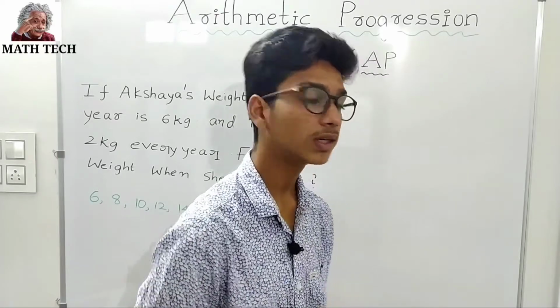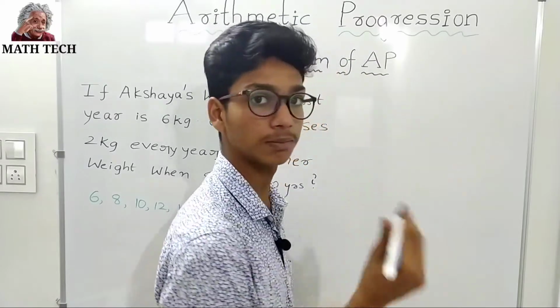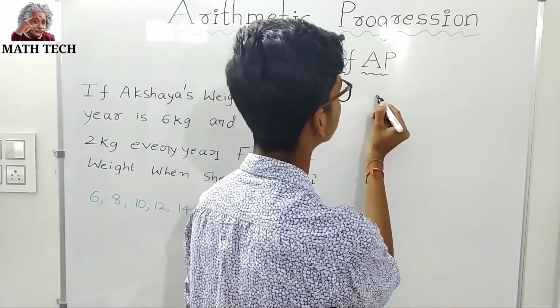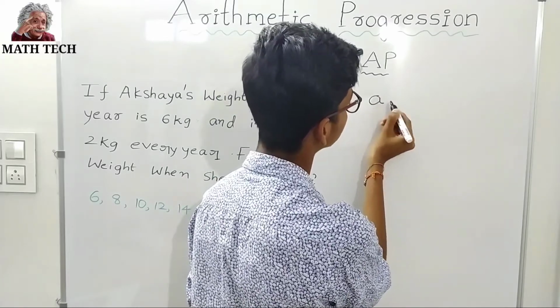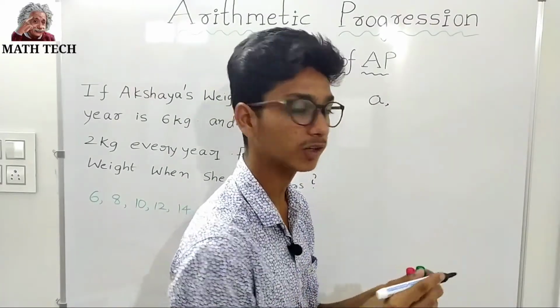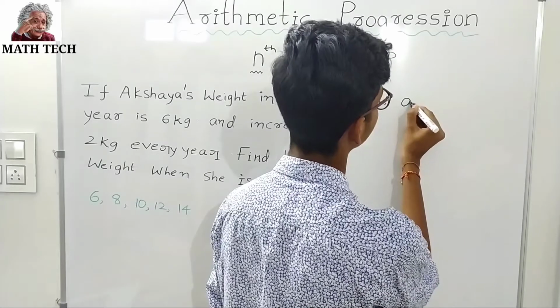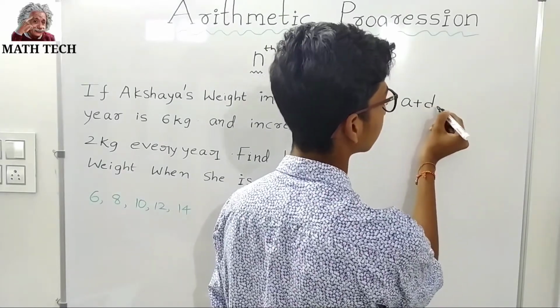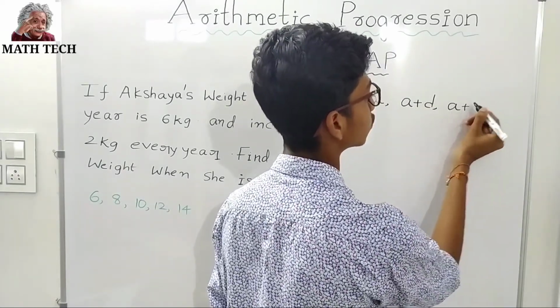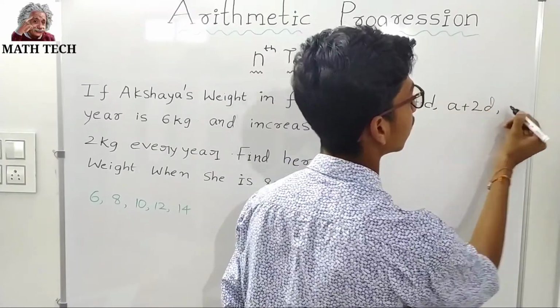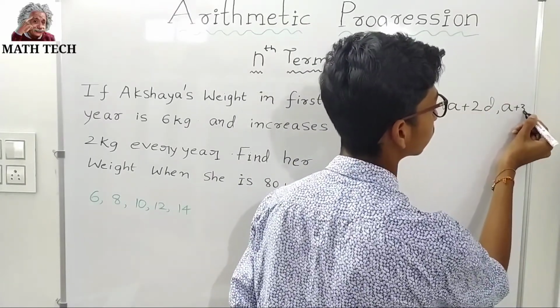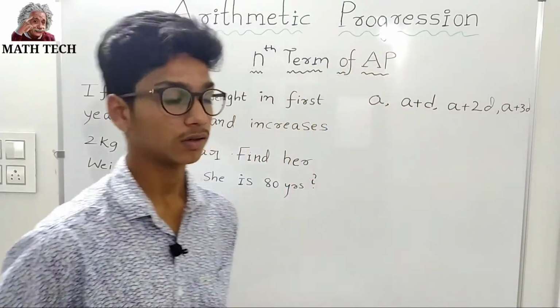We already know that the general form of the arithmetic progression is a, a plus d, a plus 2d, a plus 3d, and goes on.